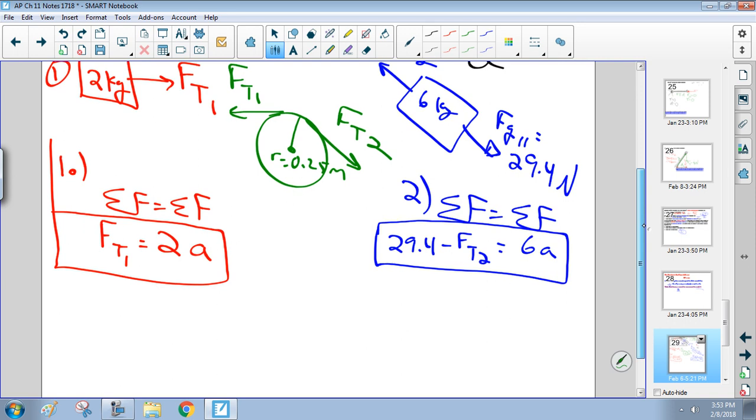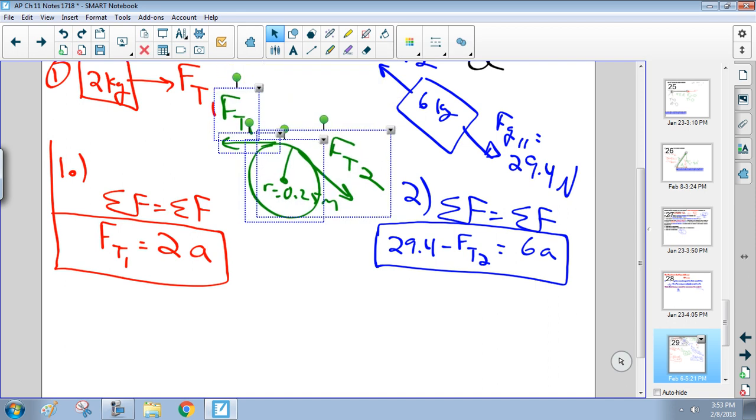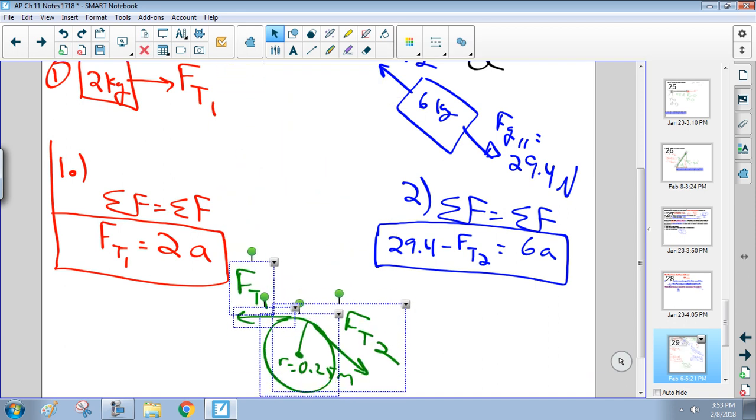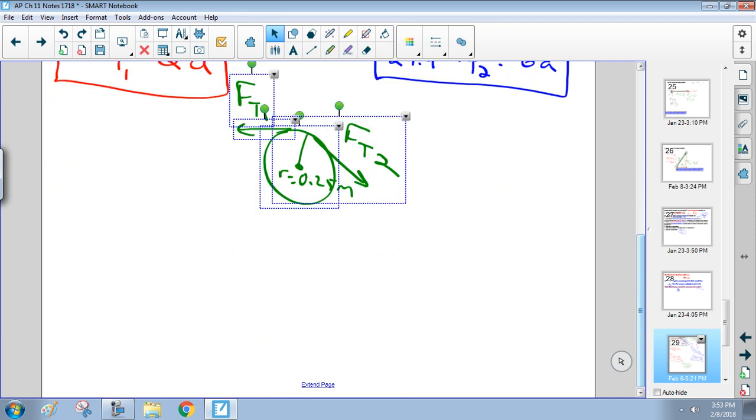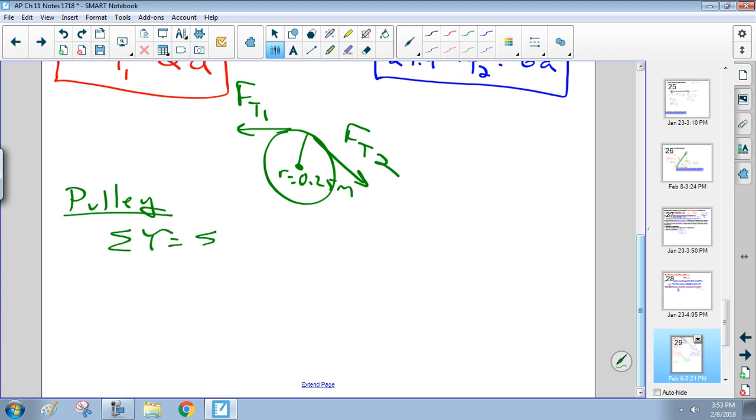Let me do this. Let's pull all of this down here, give ourselves a little bit more room to work. So for the pulley, net torque equals I alpha.